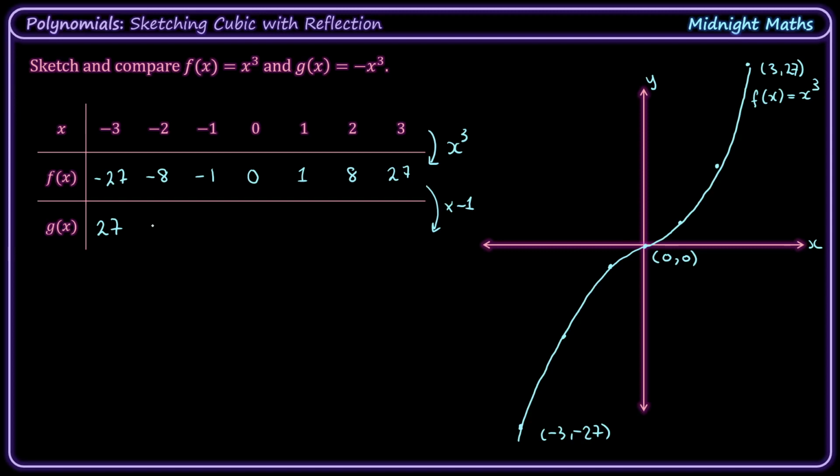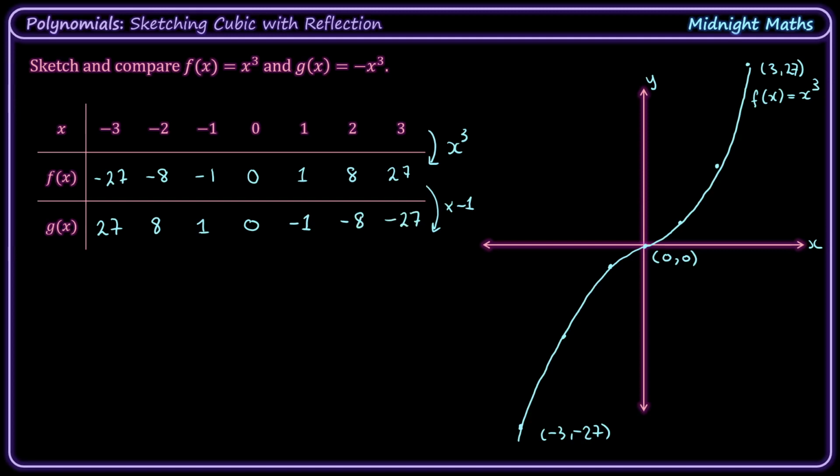Negative 1 times negative 8 gives 8. Negative 1 times negative 1 gives 1. 0 times negative 1 is still 0. And now since we're up to the positives, they will become negative. So 1 times negative 1 acquires the negative, 8 times negative 1 gets to negative 8, and 27 times negative 1 turns into negative 27.